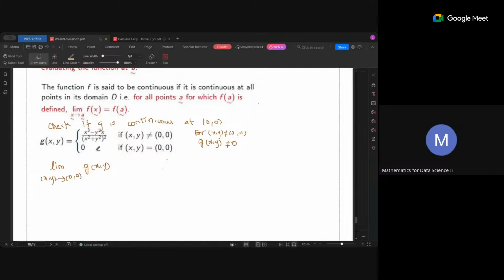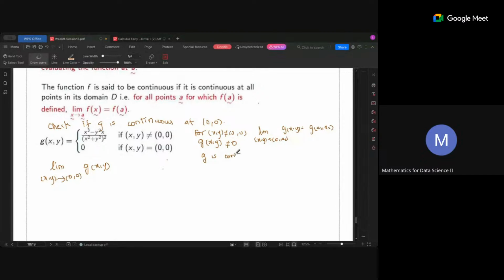So one thing we can say is that for non-zero points, the limit as (x, y) goes to any (a1, a2) of g(x, y) is simply going to be g(a1, a2). For non-zero points, can we say that g is continuous? Yes.